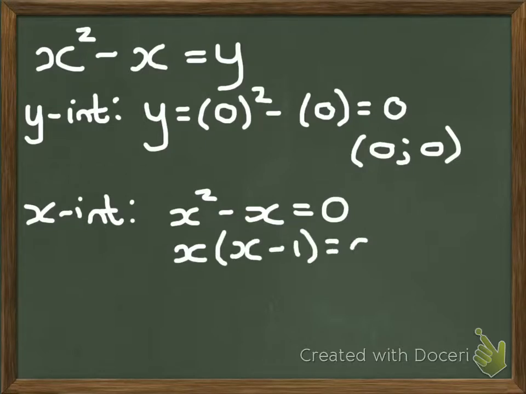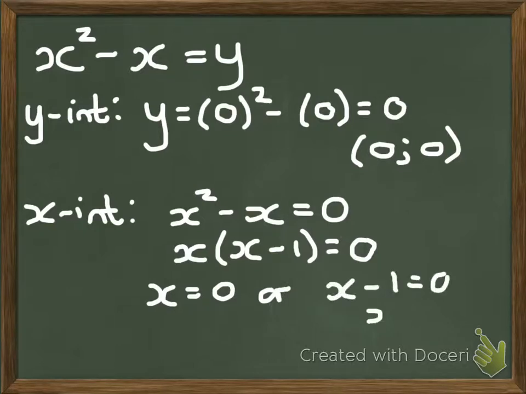So remember, if you have something times something equals 0, then one of those factors, x or x minus 1, must be 0. So either x equals 0 or x minus 1 equals 0. Now, if x minus 1 is 0, then x is 1. So we got two x values, x equals 0 and x equals 1, for when y is 0.